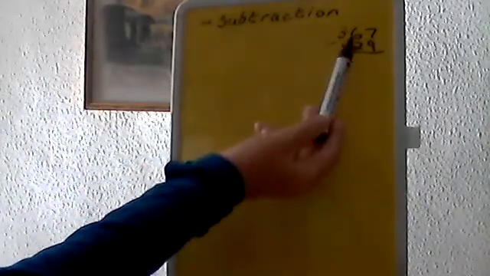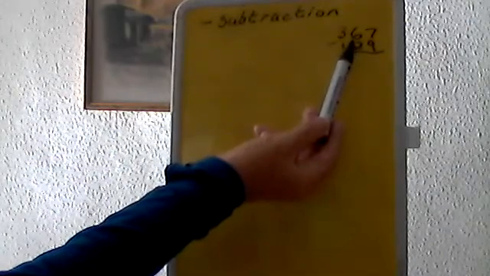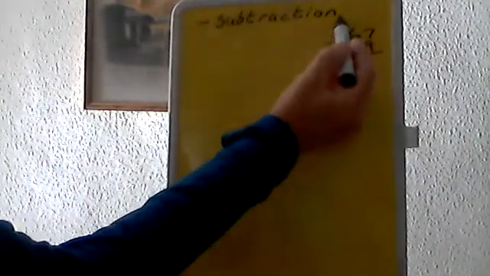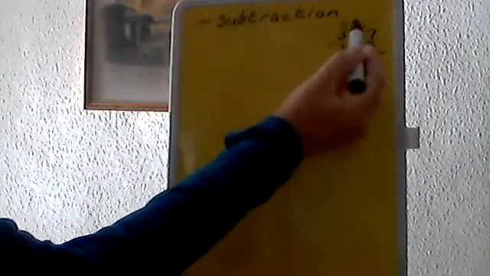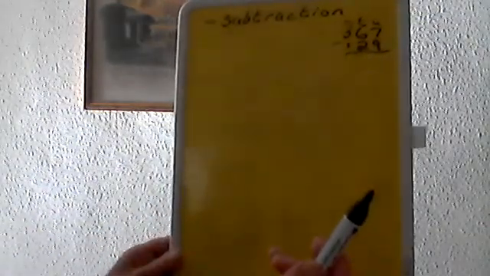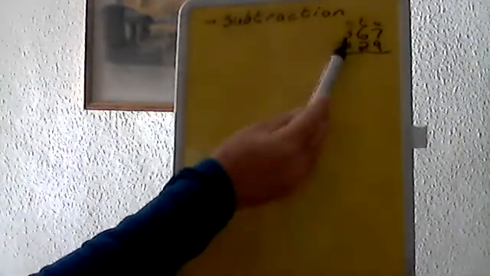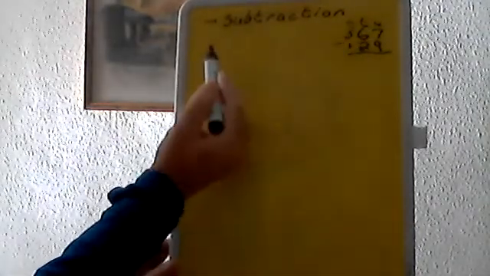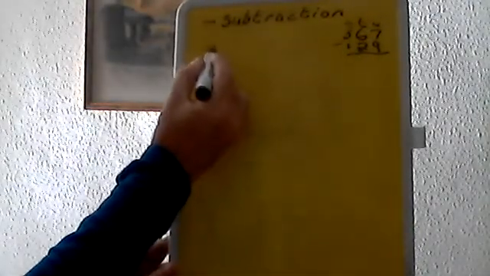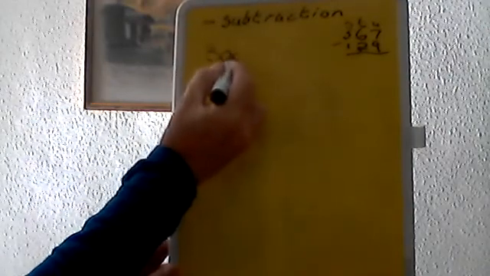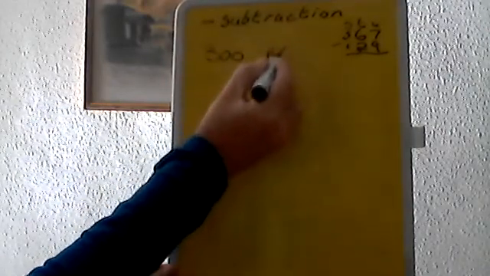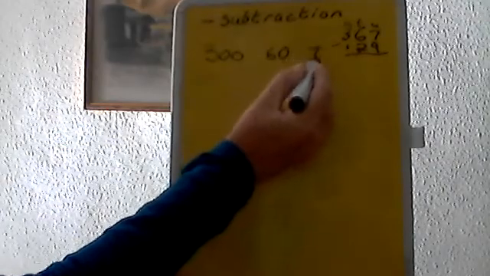I'm going to take the number 367 and I know that I've got hundreds, tens, units. We've been doing that. So taking that number 367, I'm going to write it down differently. 367.